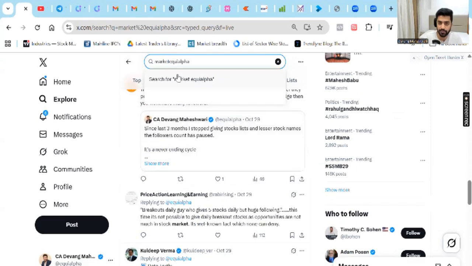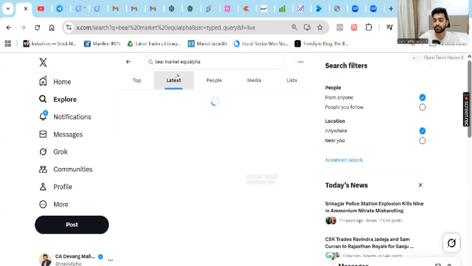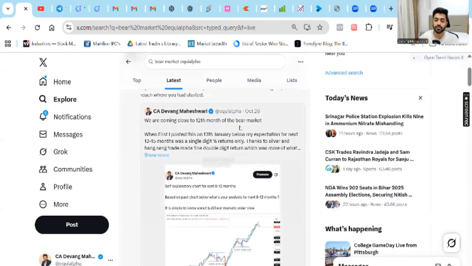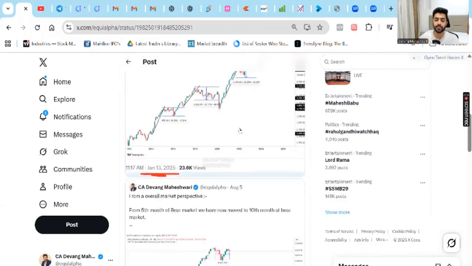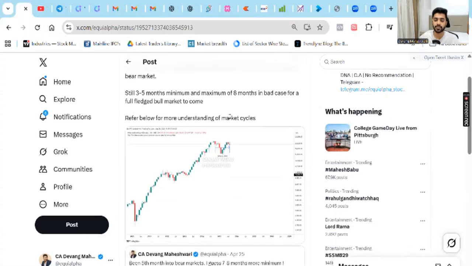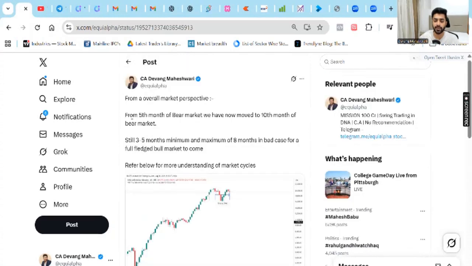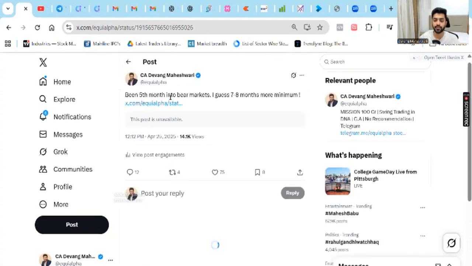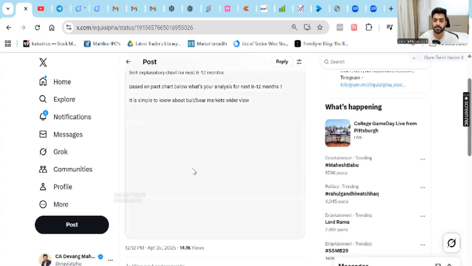Bear market, okay. This one. This is August. I posted that we are in the 5th month of the bear market. Here, this is of which month? This is April.